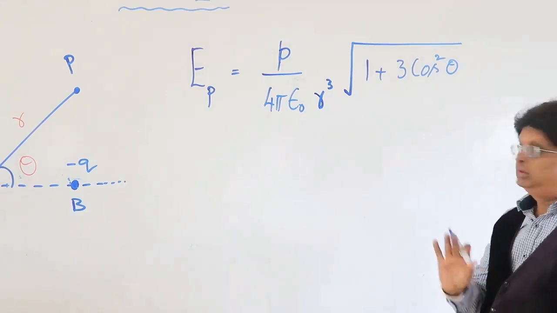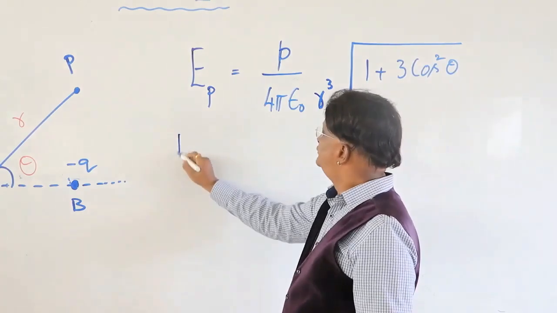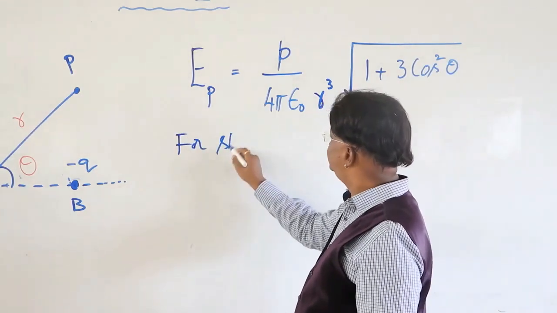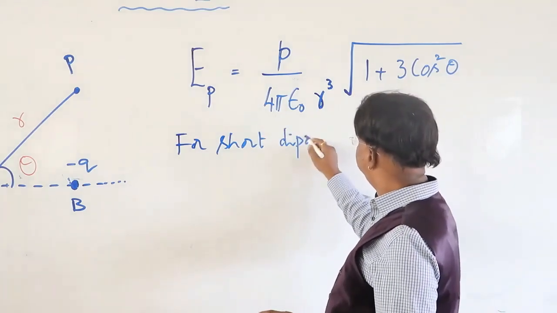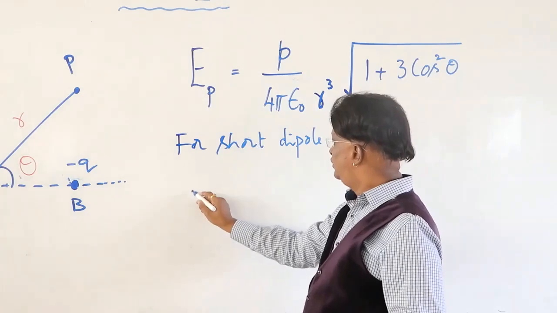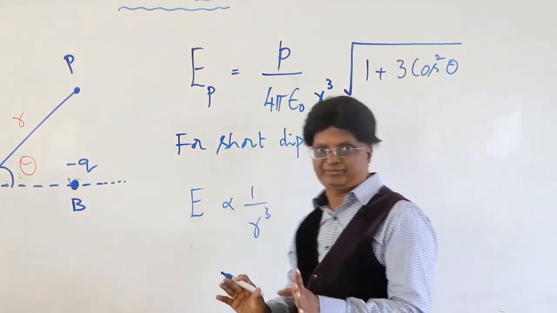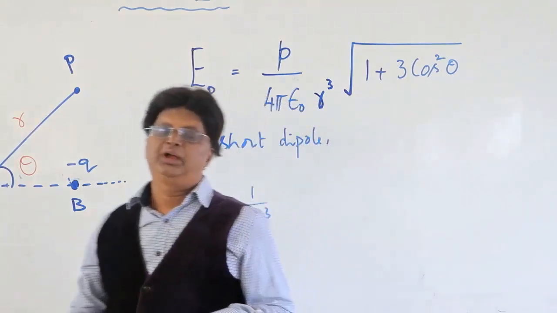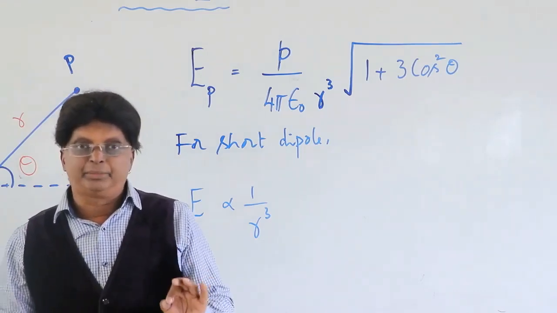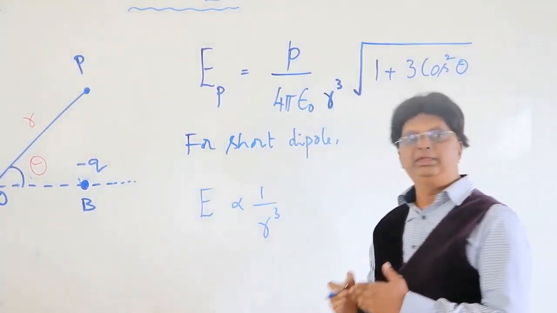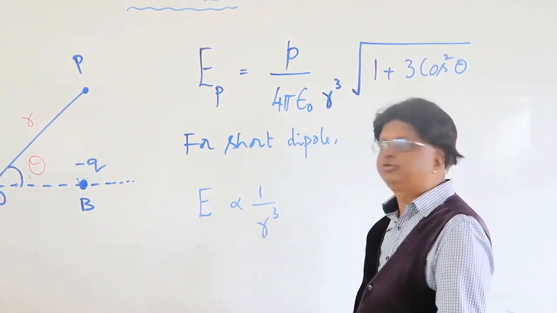And now, when we look at these two things, let us write the important things. First, for a short dipole, all these results, please do remember, we are writing for a short dipole. One of the important results is E proportional to 1 by r cube. For a point charge, we have seen E proportional to 1 by r square. For a dipole, it is E proportional to 1 by r cube. Any change of distance and the change of intensity is inverse and cube, remember.